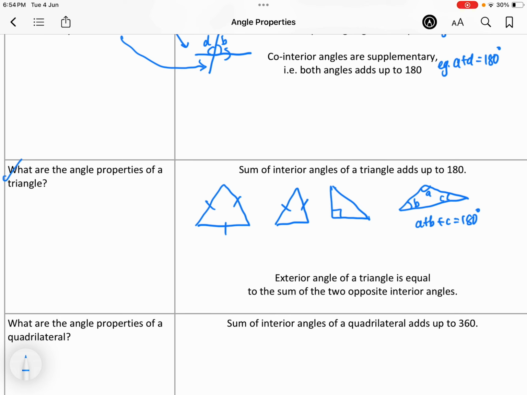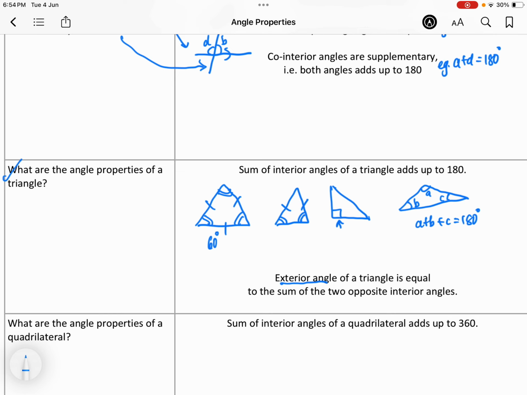For a right angle triangle, you have the 90 degrees there. For an isosceles triangle, the base angles are equal. For an equilateral triangle, all the 3 angles are equal and each angle is equal to 60. Now we also have the properties of the exterior angle of a triangle.